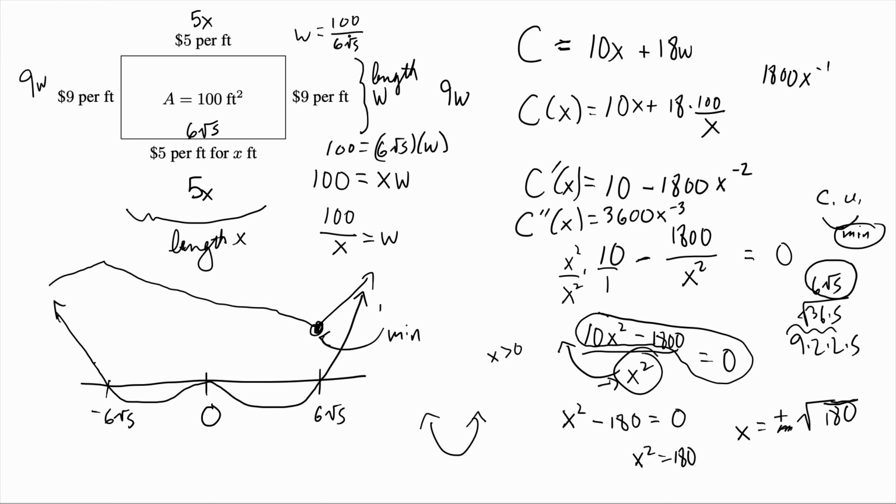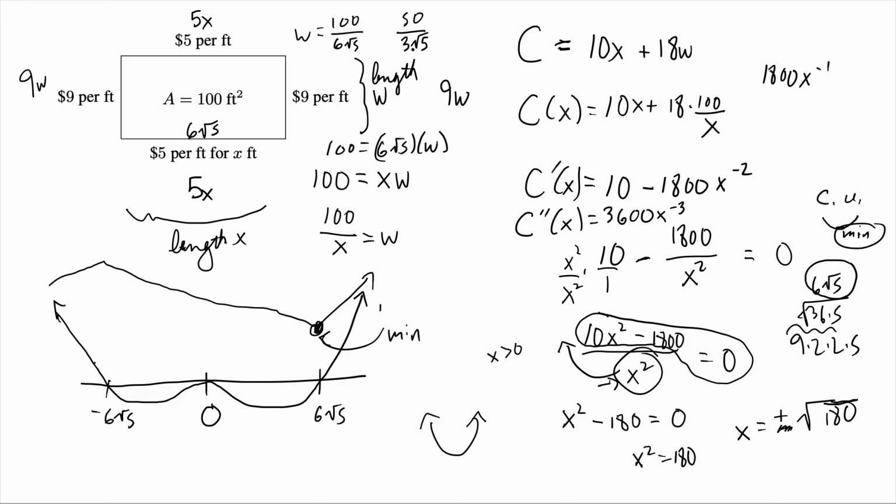In this fraction you could reduce a common factor of 2, dividing top and bottom by 2, so 50 over 3 root 5. And for all intents and purposes, I'm okay with the square root being in the denominator.